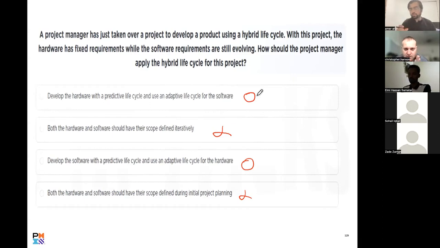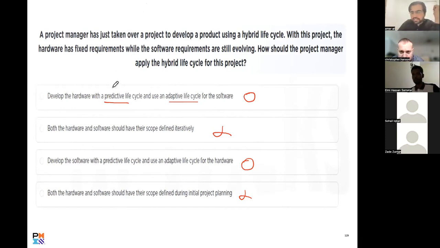So you don't have to remember between the hardware and software. You need to understand what is predictive and what is adaptive. What is predictive? Tell me. Exactly what it says. You can predict the outcomes of it without having changes. And what is adaptive? Adaptive would mean exactly what it says. We adapt to the amount of changes that occur throughout the process.